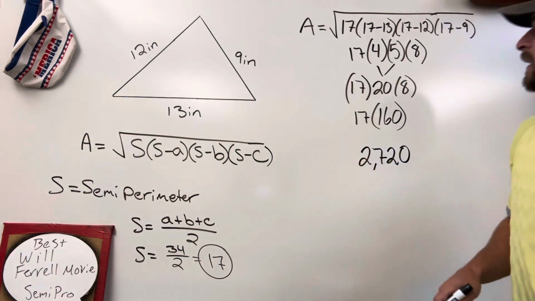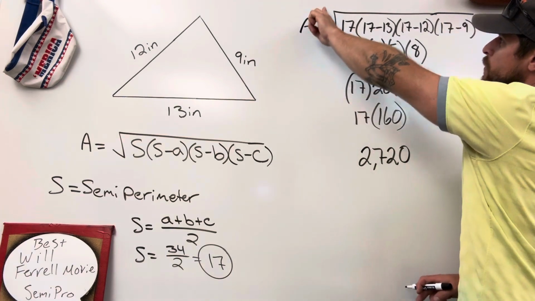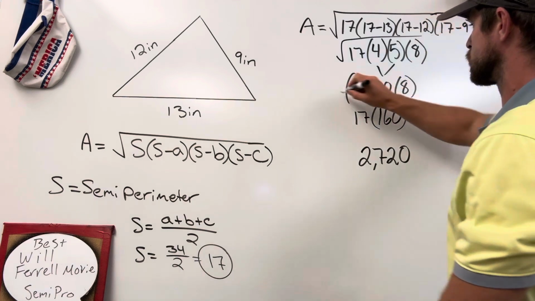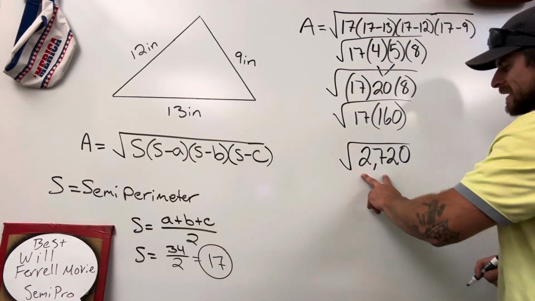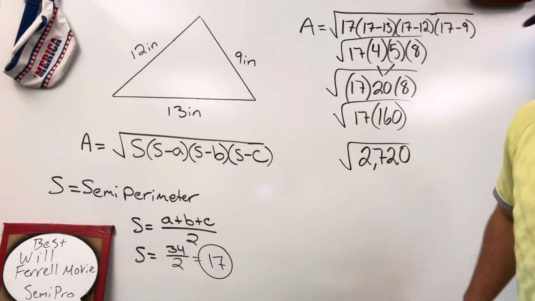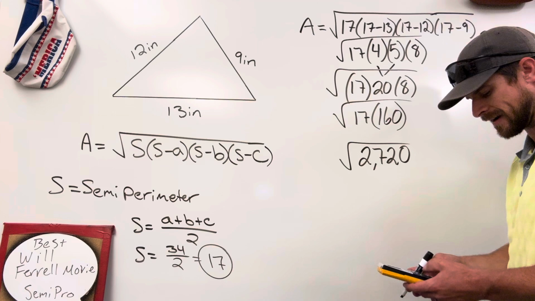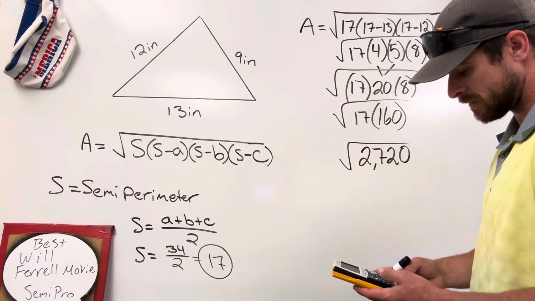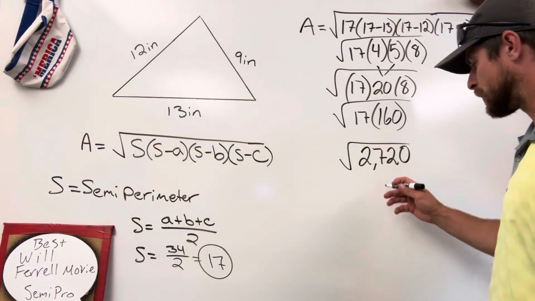Okay, now, one thing we notice up here at the very start is we had the square root over the top of all of this information. So it hasn't gone anywhere this whole time. We're still taking the square root of these values, and now we got this really large value. I honestly don't know what the square root of that is, so we're just going to go back to the calculator for it. Square root of 2,720. There's a reason I didn't know. It's an irrational number. It's not a perfect square.